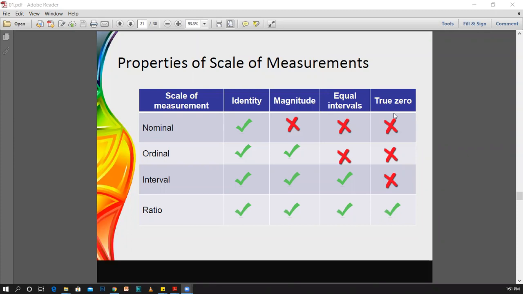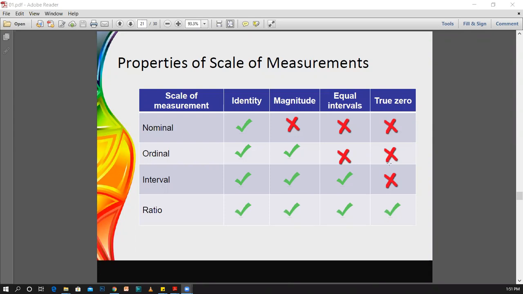true 0 point. It is because we are not discussing any numeric value for nominal or ordinal data, but we are discussing it for interval data. The special quality of interval data is that there is no true 0 point. If we have a true 0 point, it is sensible to say this is this many times larger than the next one, or this item is this many times smaller than the next item.